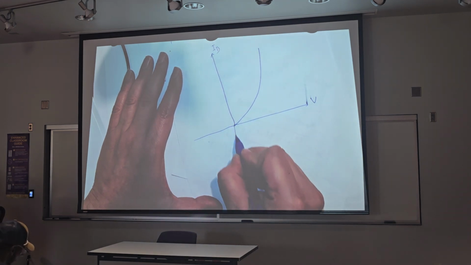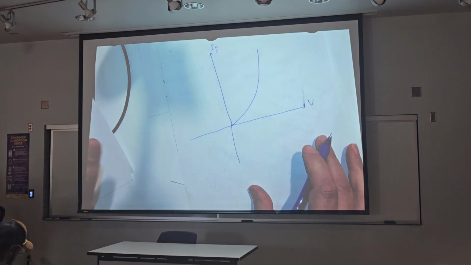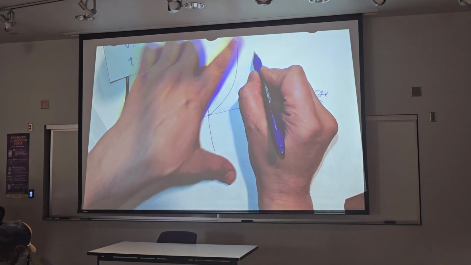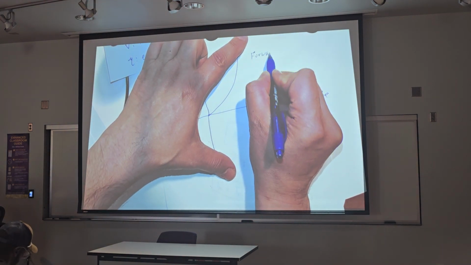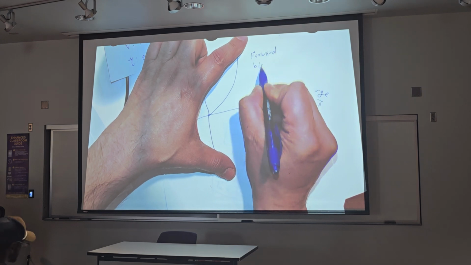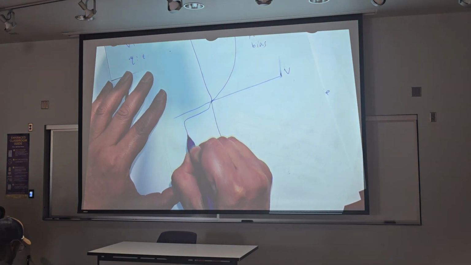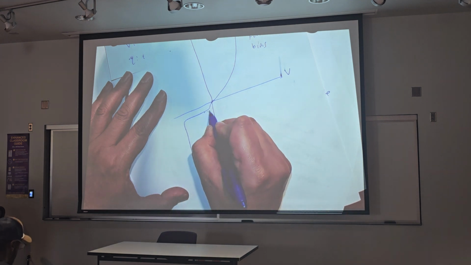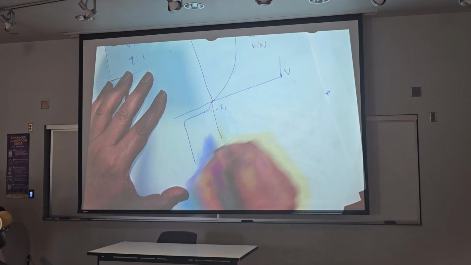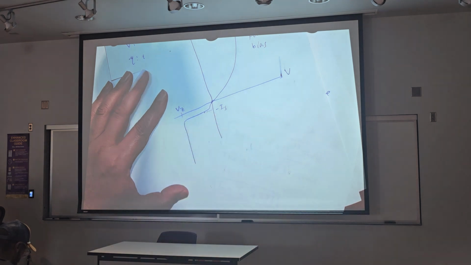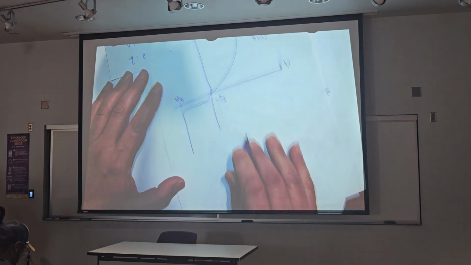In forward bias, this is forward, this is what is meant by forward. And reverse bias is this, minus IS, and this is VC. Okay, this is reverse bias.